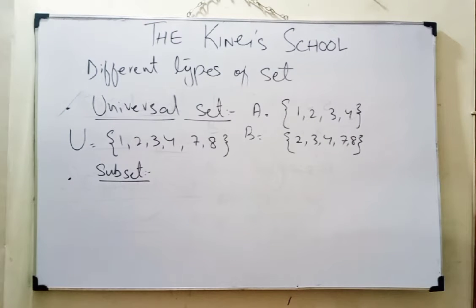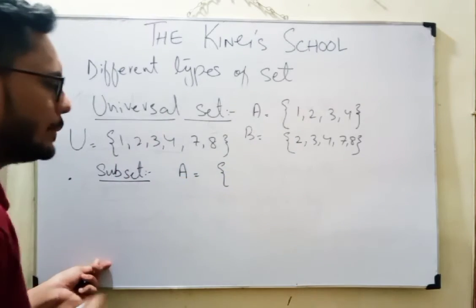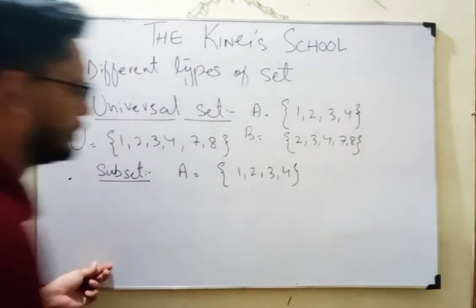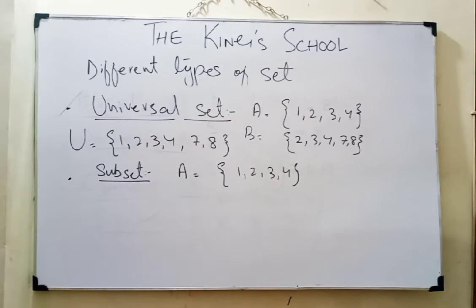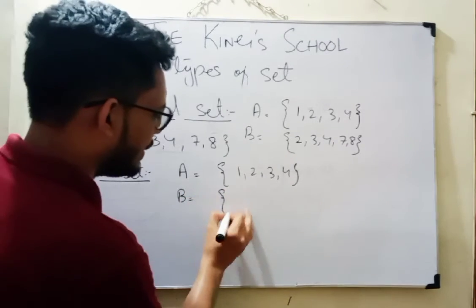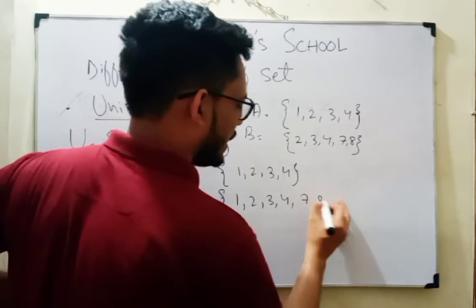Subset: a set that is fully contained in a bigger set. For example, A is a set in which the elements are, suppose, 1, 2, 3, 4, and B is a set in which the elements are 1, 2, 3, 4, 7, 8, 9.